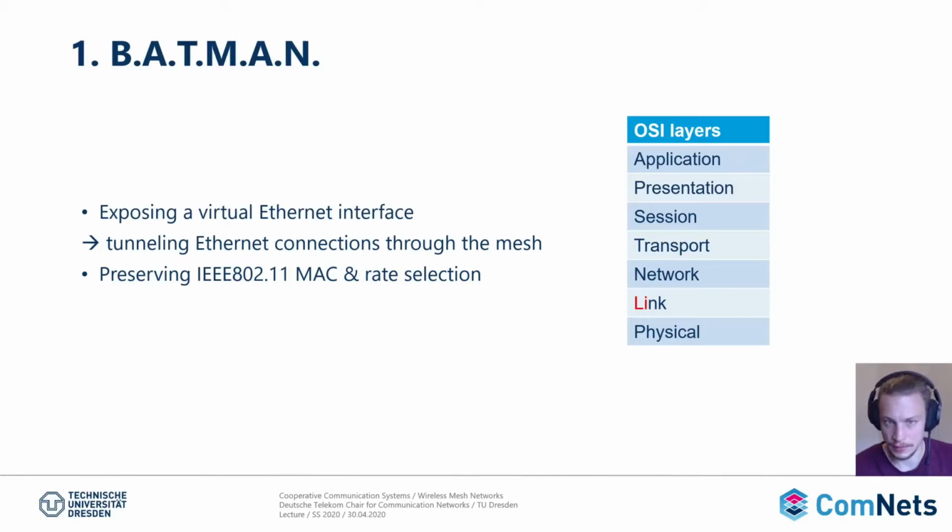Maybe you have read about this before: it is about accessing a shared medium, where the nodes use a backoff if they sense the medium is in use at the moment. Also, B.A.T.M.A.N uses the rate selection which is built into the firmware driver.